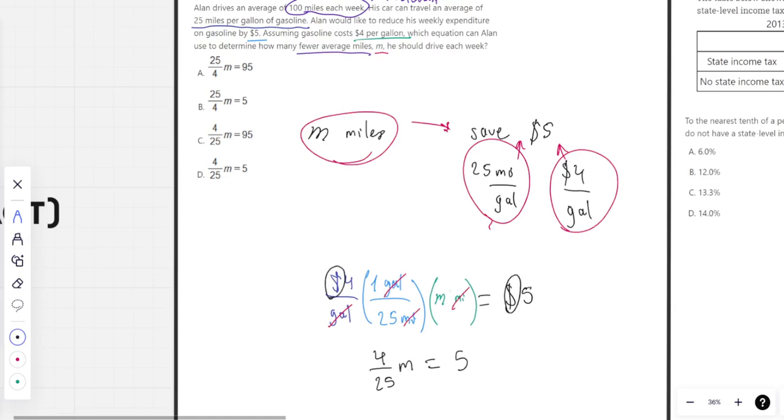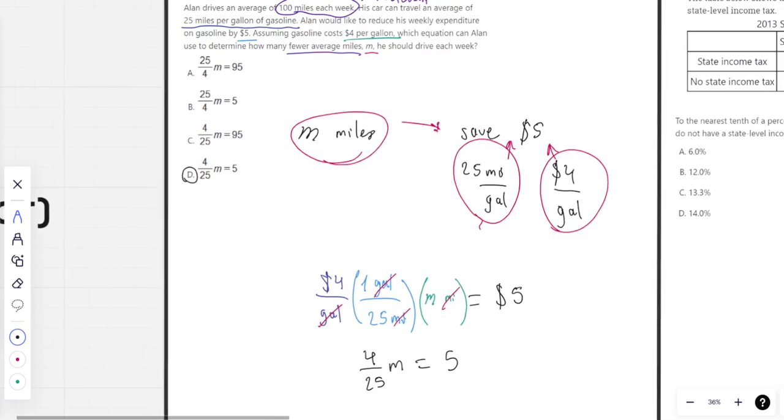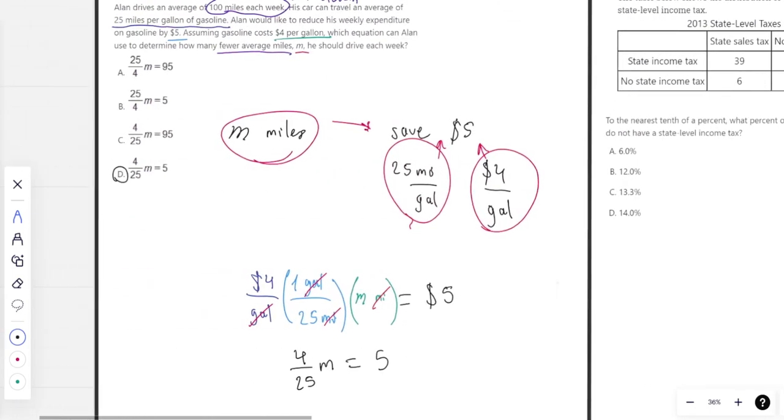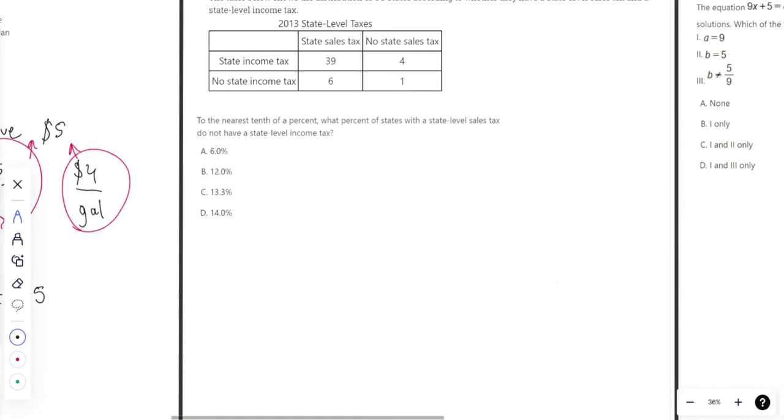And the only units left are dollars and dollars, which is answer choice D. Not too bad. Okay, all right. Next one.